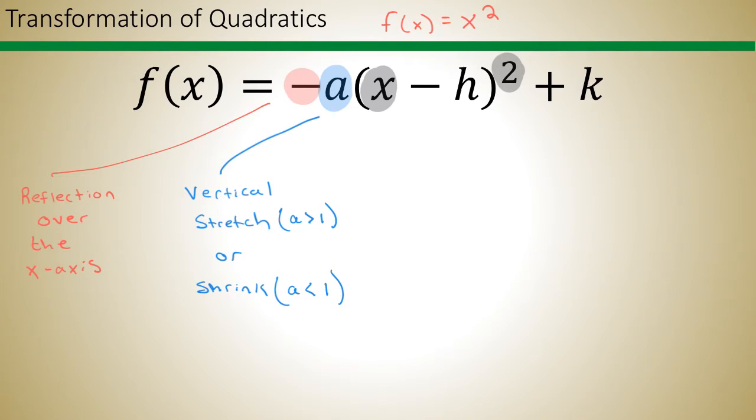Okay, next thing that we're going to see, if there is a number being added or subtracted inside of the parentheses, this h right here. If I see a minus h, what that's going to cause is a horizontal shift.